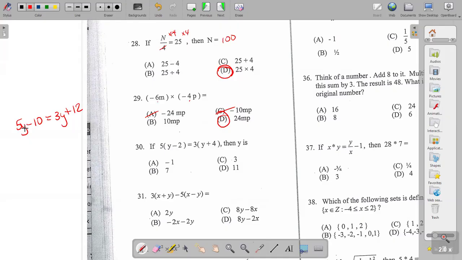So we just move all of the y's over on one side and all of the constants on the other. So 3y is positive here, so it's going to become 5y minus 3y because the sign changes, equal to 12 because 12 was there first, minus 10 going to come over and become plus 10. So we're going to end up with 2y is equal to 22. So y is equal to 11. So the answer is D.